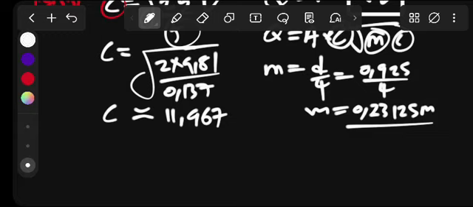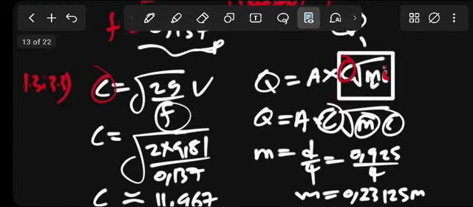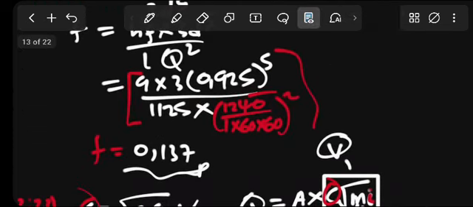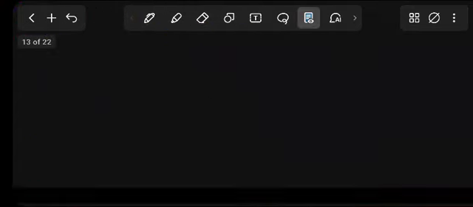Okay guys, now we have Q. The rate of flow is area multiplied by the velocity. Q, remember, if you punch this on the calculator, let me just write it here.